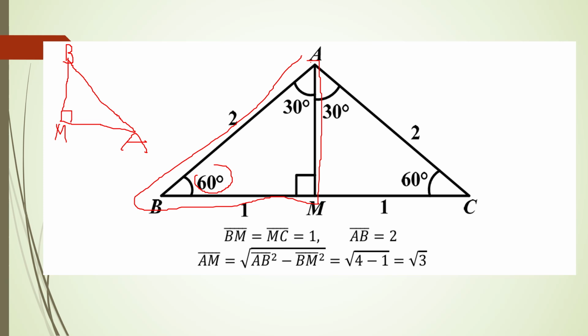And then angle 30 is at A, so we are going to come here and then we indicate 30 degrees here. So for this case, we remember that we got the distance of MA to be root of 3 from this elaboration. And then BM, which was the base initially, is 1 unit. And then our hypotenuse is going to remain 2, which is the same as distance from B to A.